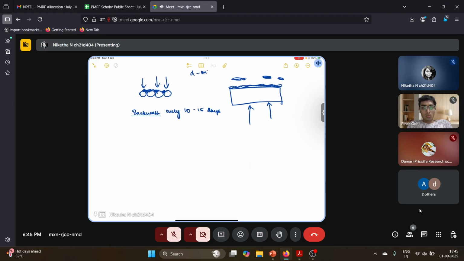Okay, coming to the different types of filters. Broadly we have two types. First one is the slow sand filter. Second one is the rapid sand filter.